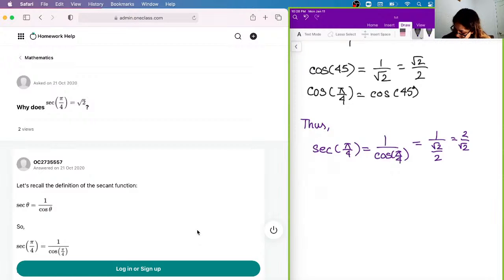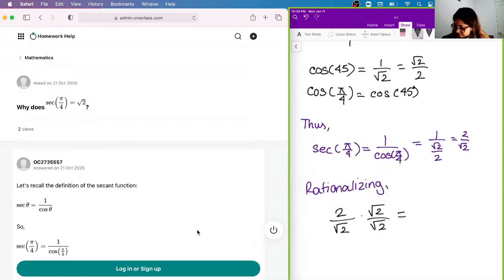Rationalizing what we have, 2 over square root of 2, to cancel out the square root of 2 in the bottom, we multiply the square root of 2 with the numerator and the denominator.